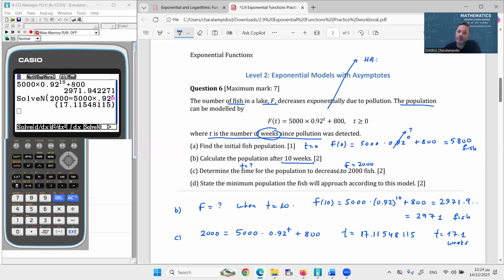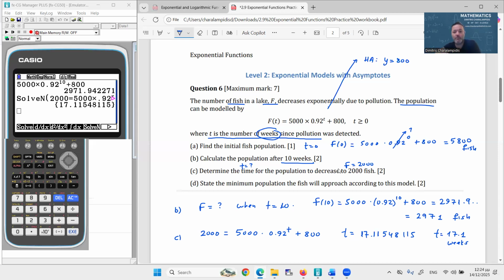So it's the 800. This means that my population started from 5,000, it keeps decreasing, but since the horizontal asymptote is 800, it will keep getting closer and closer to this number without ever getting on it.